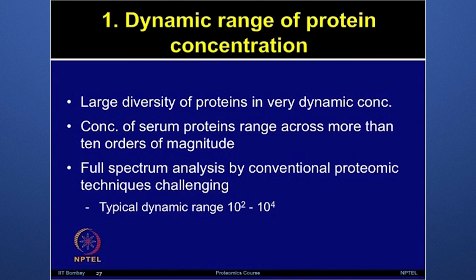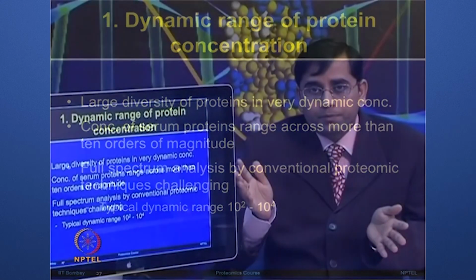If you want to obtain the full spectrum of serum or plasma by applying any of the conventional proteomic techniques, it is very challenging, because the typical dynamic range for any of these platforms is much smaller, between 10 to the power 2 and 10 to the power 4.